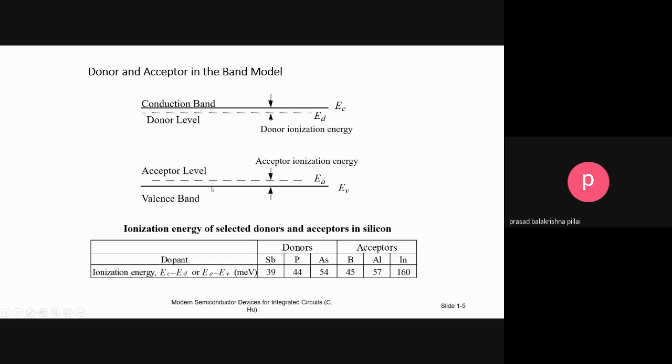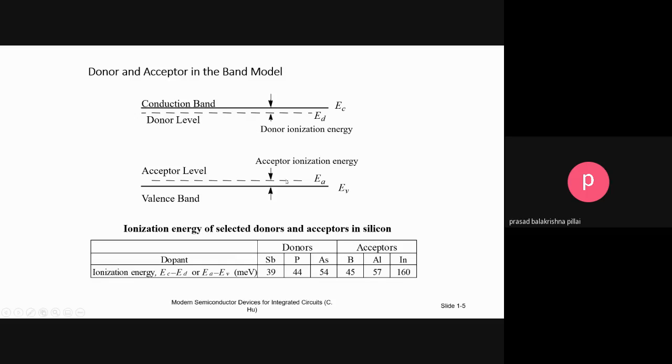It clearly shows that in an intrinsic semiconductor, to create additional electrons, you need energy of 1.1 electron volt, whereas in an n-type semiconductor, if you are talking about phosphorus, it will need only 44 milli electron volt. So you see the big difference.